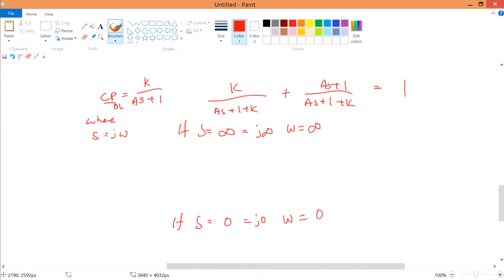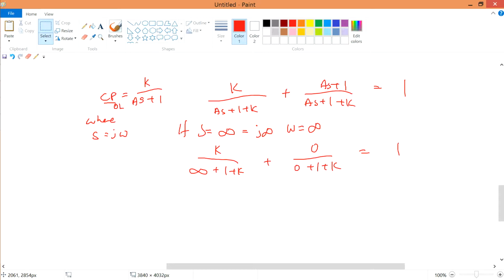Okay, one of them. So this is actually T, the complementary, and this is the sensitivity function. And what we can do is, if that's the case, then what can you see? Alright, we can see that k over infinity plus 1 plus k, because I'm just simply subbing s as infinity. So if this whole denominator is infinity, then the number divided by such a big number will become 0.